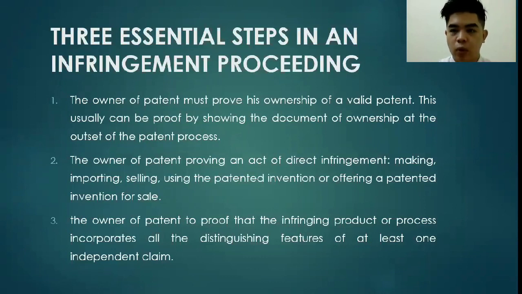The defendant's product or process has to be compared to the protected patent claim to determine whether it infringed the patent or not. In an independent claim for direct infringement, every step in the said independent claim has to be fulfilled to prove that there is direct infringement.